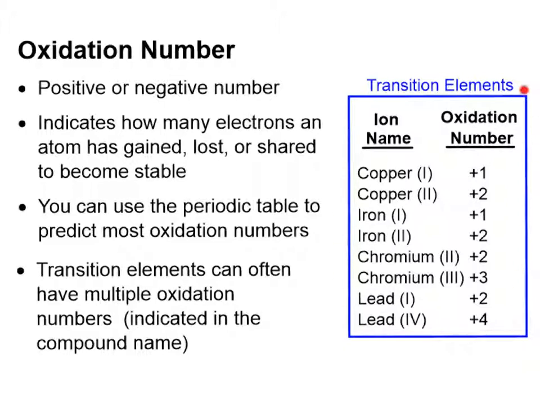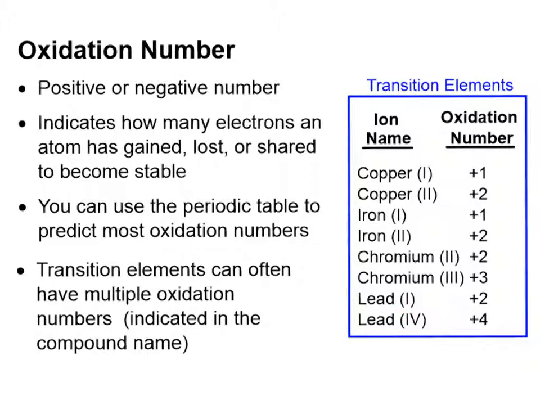So here is a table that you can use to see what some of those transition elements have for their oxidation number. Notice that when we name the ion, let's say copper, it will have in parentheses, with a Roman numeral inside the parentheses, its oxidation number at that particular time. So when copper has an oxidation number of +1, it is going to have in parentheses a Roman numeral 1. When copper has an oxidation number of +2, it will have in parentheses Roman numeral 2, and so forth and so on.